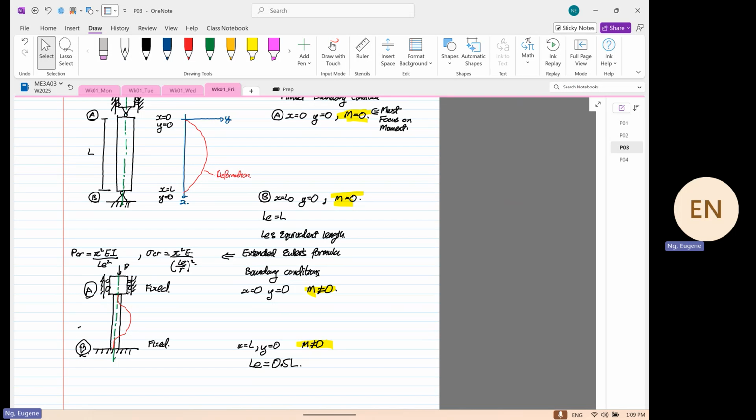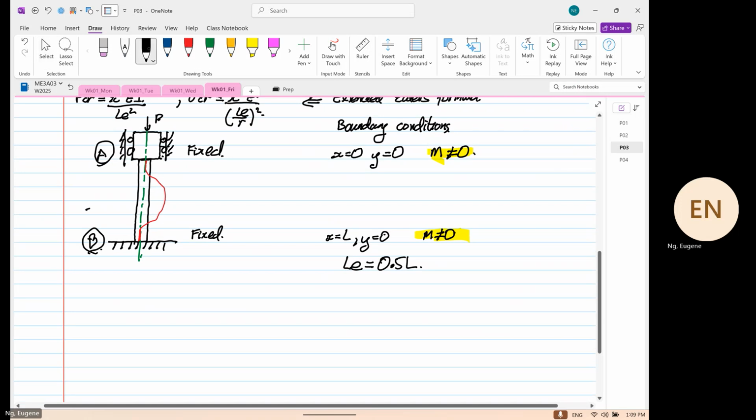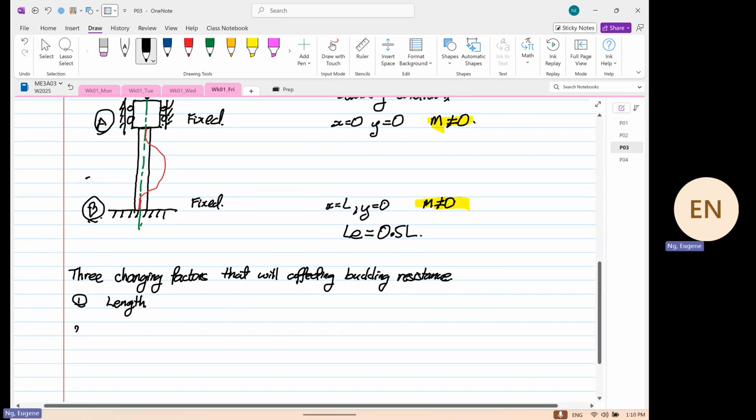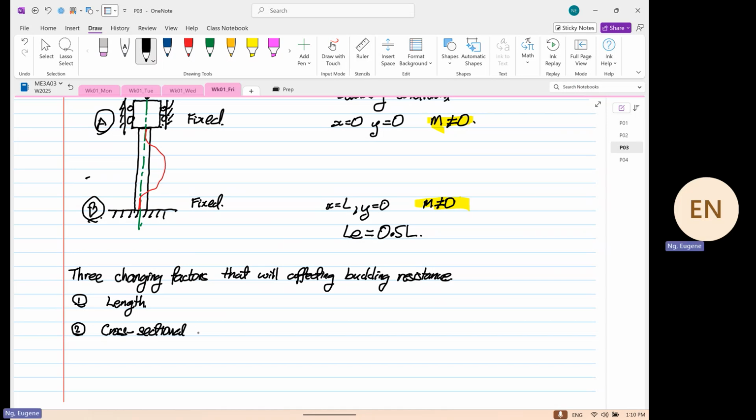So 3 factors that will affect buckling resistance. 1 is the length. 2 is the cross-sectional geometry.